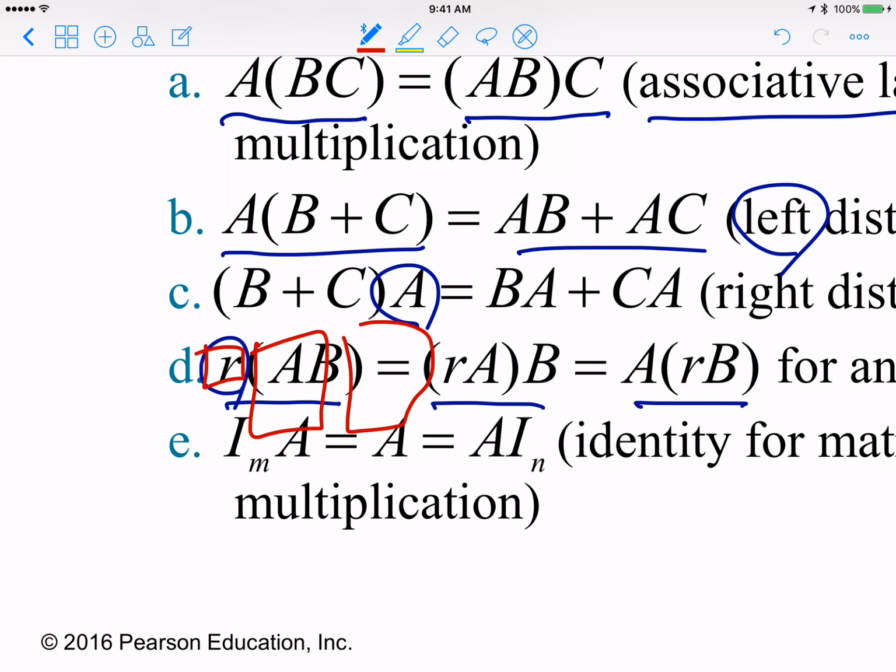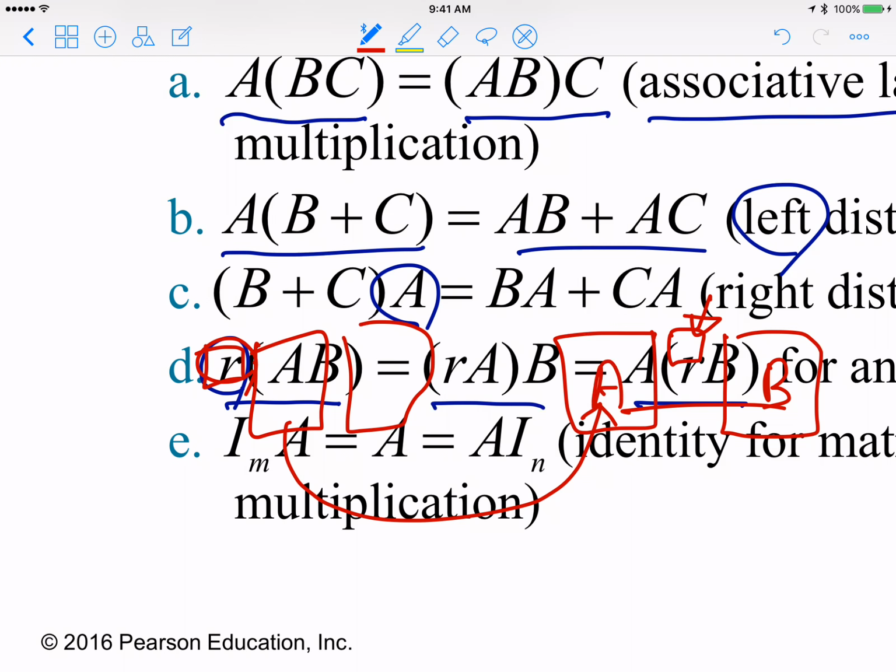So in this case, importantly, looking at this third one, we have the same A, but we can just put the scalar in the second position next to the matrix B. Okay, so that's still possible.